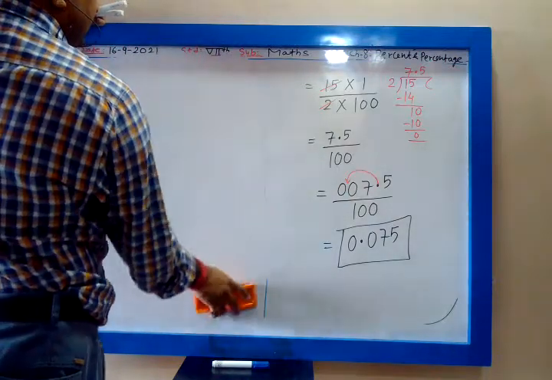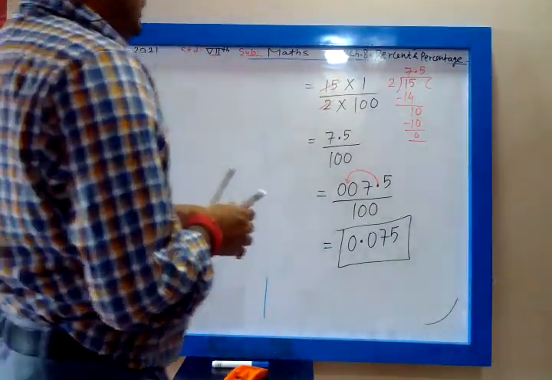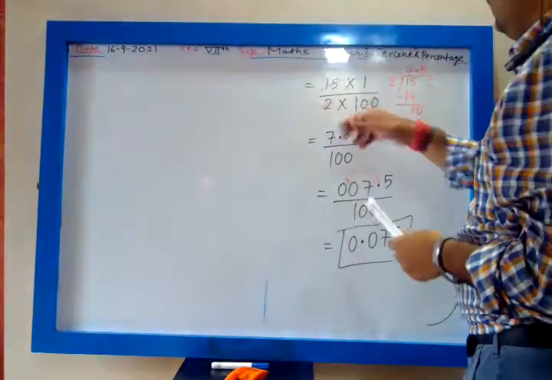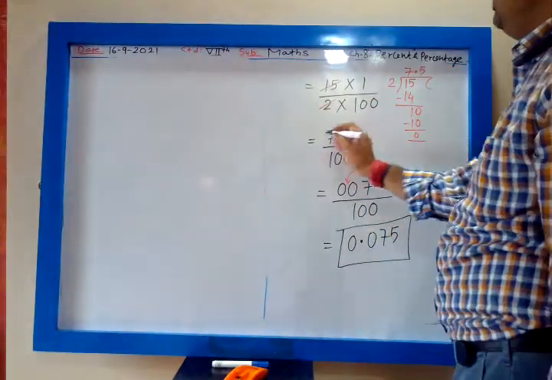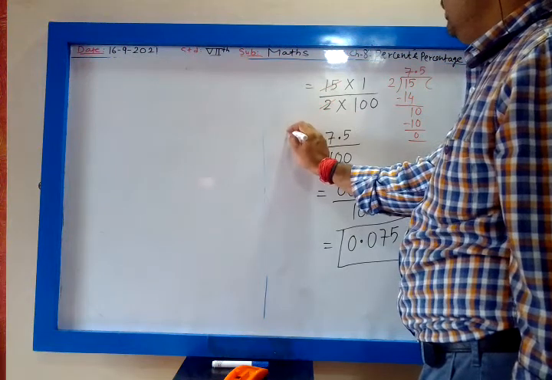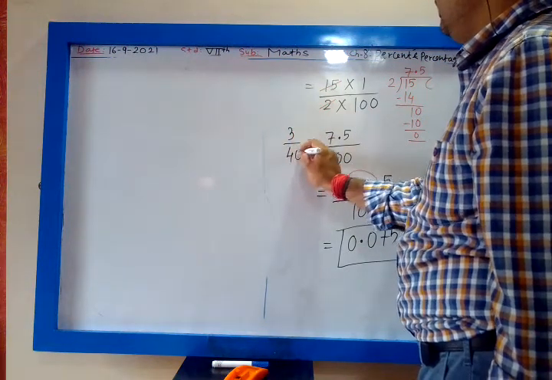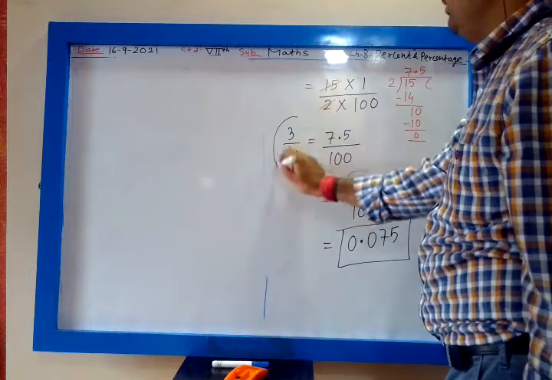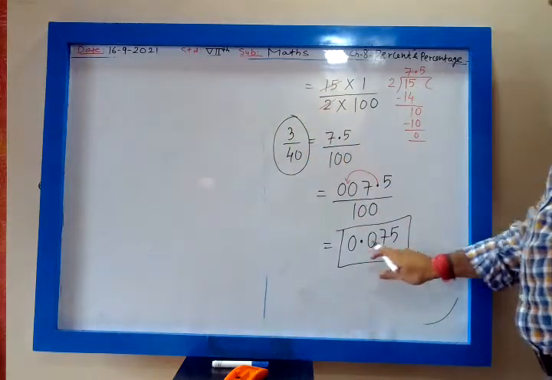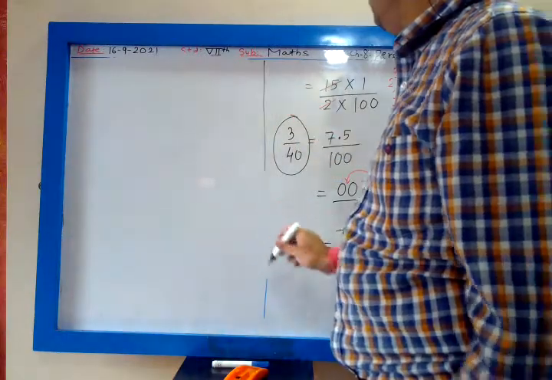Now second thing, see here, earlier we have seen this. This is nothing but 3 upon 40. We have cancelled this. So 3 upon 40 is a fraction and 0.075 is a decimal.